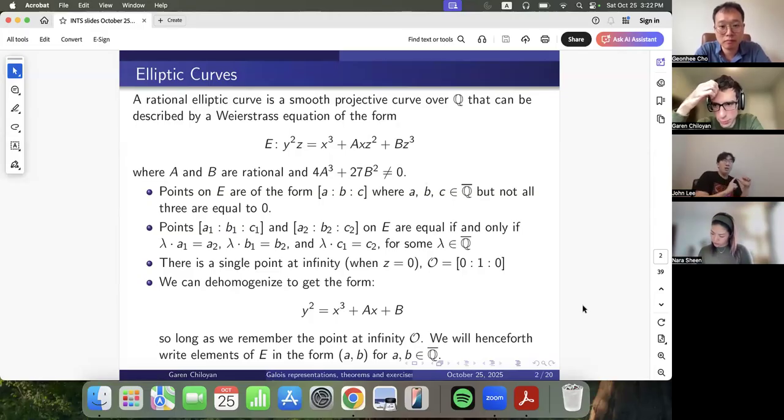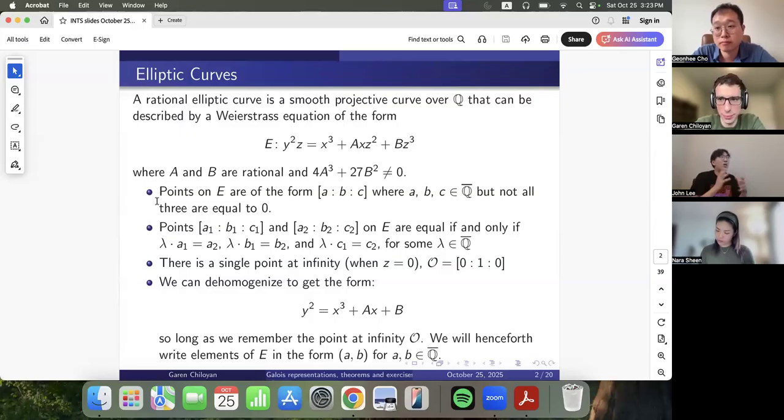There can be no rational points, finitely many rational points, or infinitely many rational points, but no matter which case it is, they form a group. The good thing about the group structure is that once you find the generators of this group, then we can actually find all the rational points of the elliptic curves.